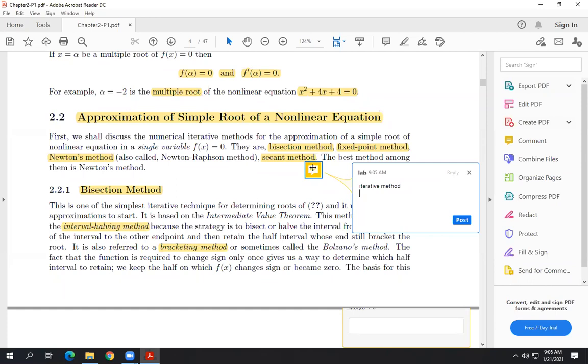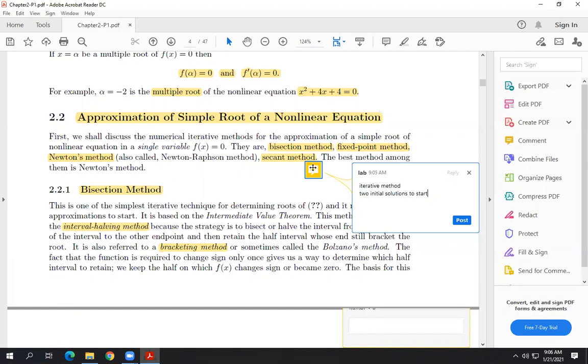To start, it needs 2 initial solutions, because an iterative method can never be used if the initial solution is not given. It needs 2 initial solutions to start here.